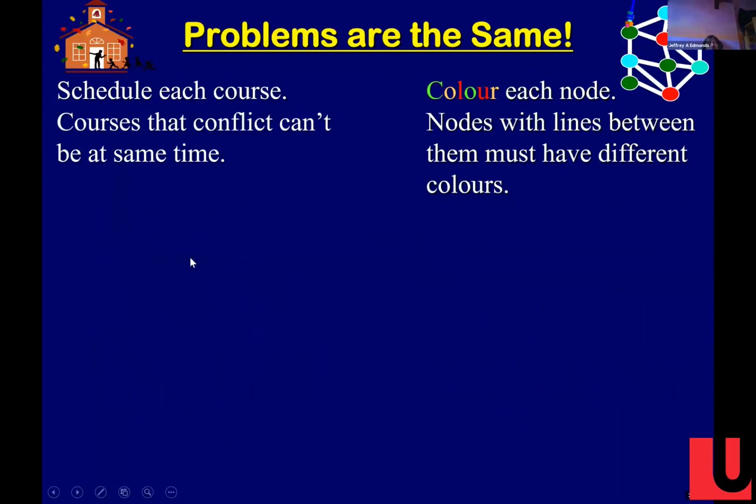All right, so now let's do a quick reduction between these. In this case, I'm not only going to do a reduction, I'm going to tell you that these problems really are the same. And why is this useful to you?